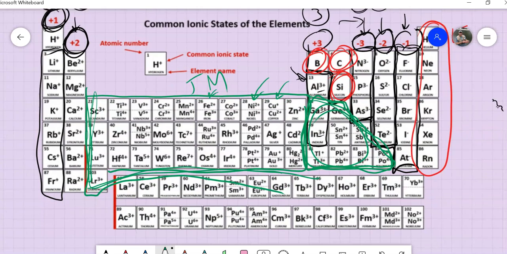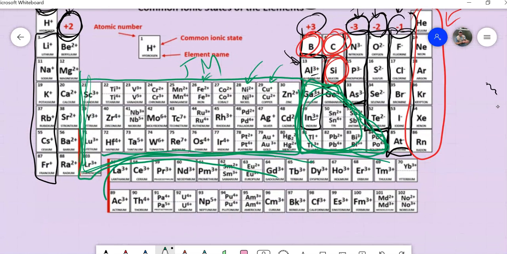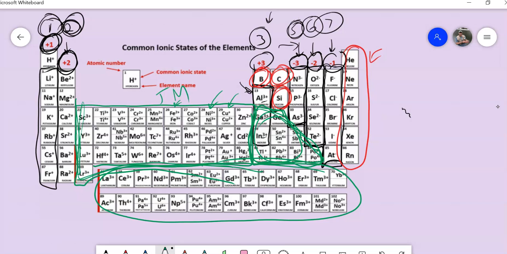The same is true down here. You'll notice in our f block, our inner transition metals, those metals can often have multiple charges as well. So we can see very clearly that there are some trends with ions in the periodic table.